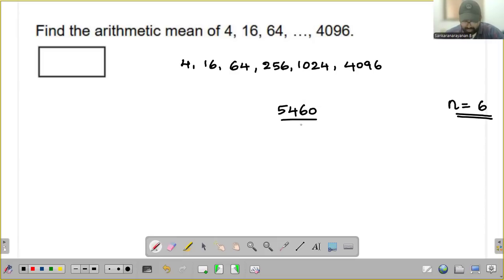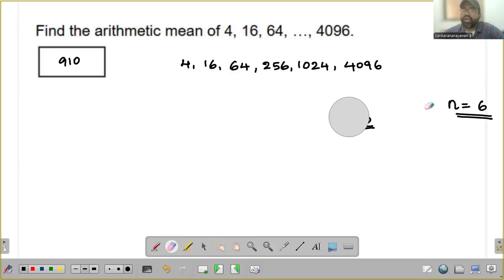Divide this with 6, because the number of observations is equal to 6, and that will fetch you the number 910. So sum of observations by number of observations, that is the arithmetic mean, will come here as 910. Okay, this is one way we can answer the question.